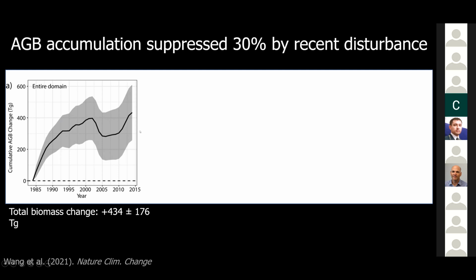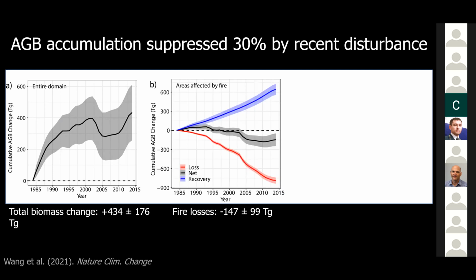And then it comes back in the later part of the period. We have a net gain of about 400 teragrams of biomass over this whole 31-year time span. We separate out just the fire affected areas, we see that the losses outpace the post-fire recoveries, and the net losses are about 147 teragrams of biomass.